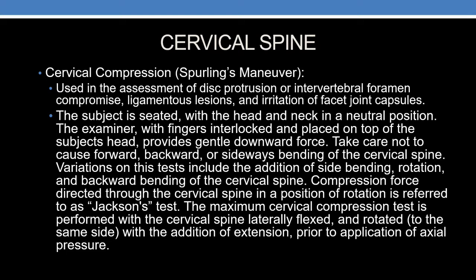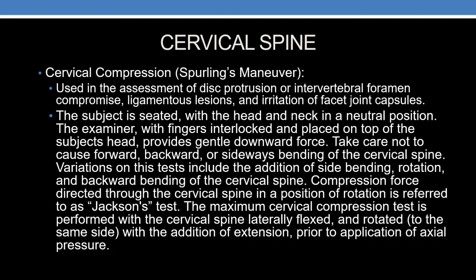Once the neutral position is completed, then you can add some different variations to the maneuver, and variations include the addition of side bending, the addition of rotation, and the addition of backward bending of the cervical spine. And those additions can be done either singly or in combinations. Now, compression force directed through the cervical spine in a position of rotation is referred to as Jackson's test.